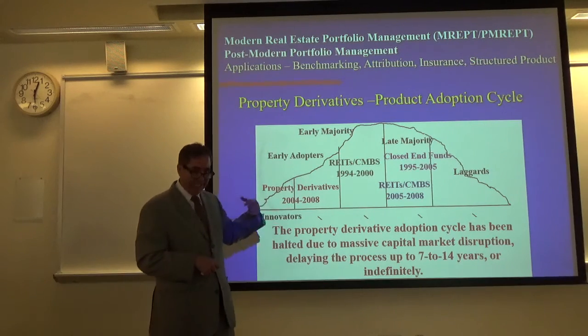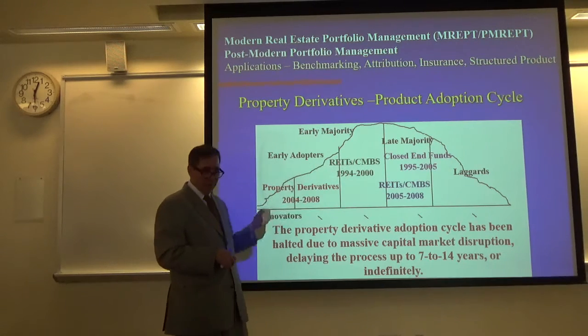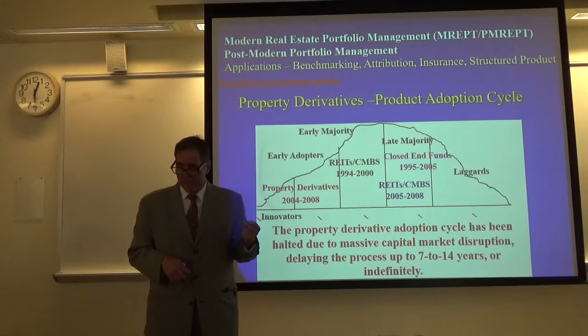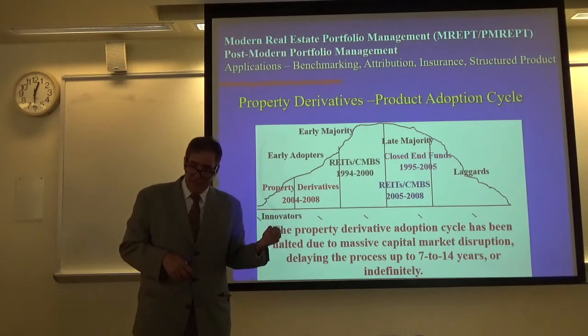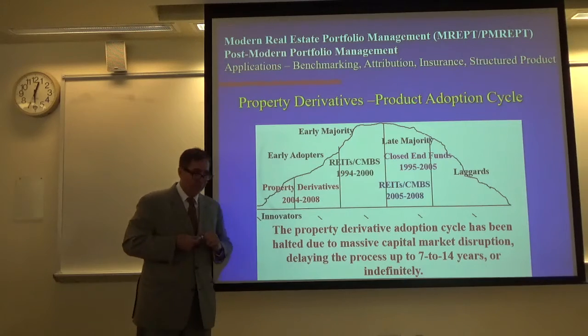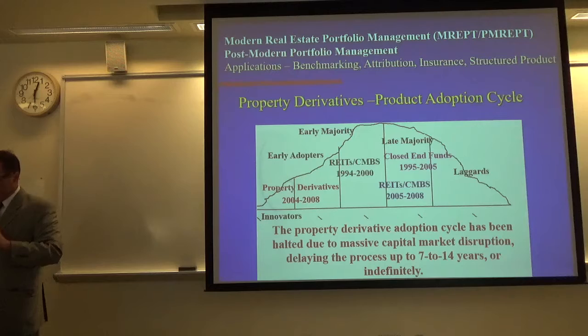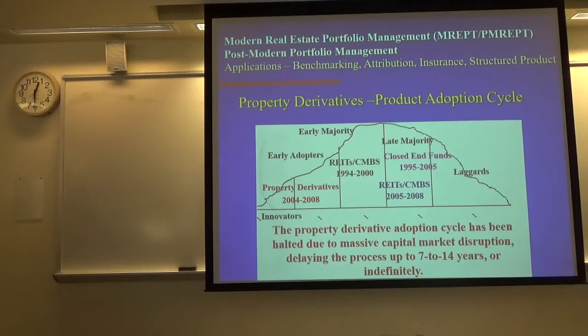I overlaid the adoption of these property derivatives, pulled out maybe a 1% market share for us, and was able to predict what our revenue stream would be for S&P and Schwab, based on the adoption of these derivative contracts.